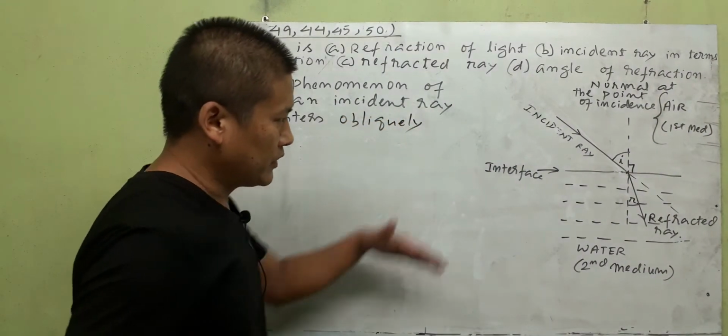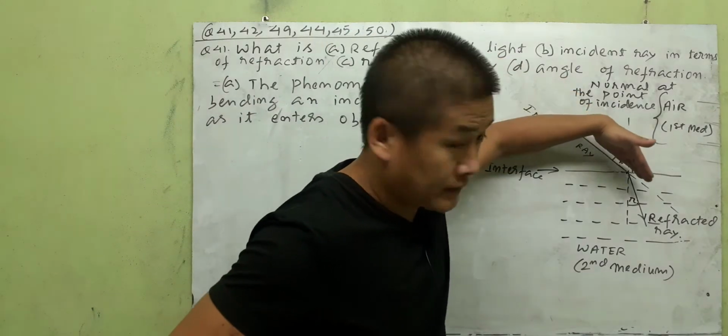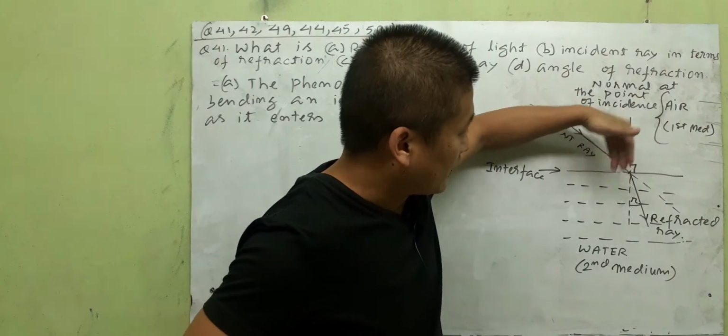Obliquely means the incident ray has to enter like this, making an angle, not perpendicular.